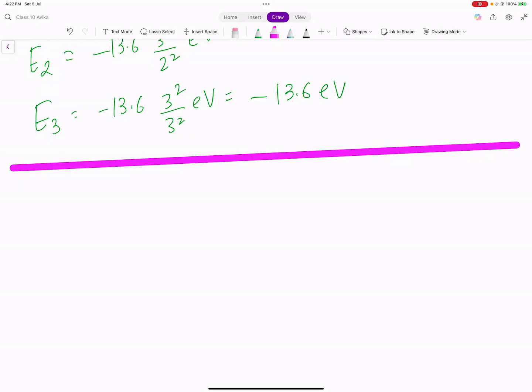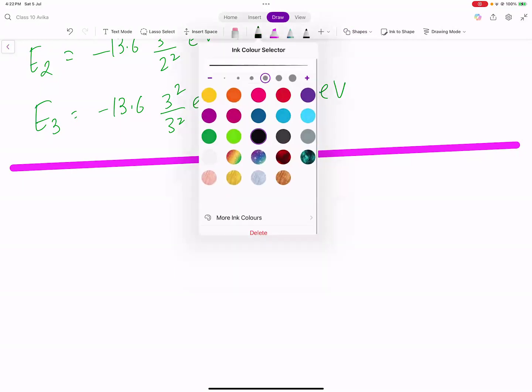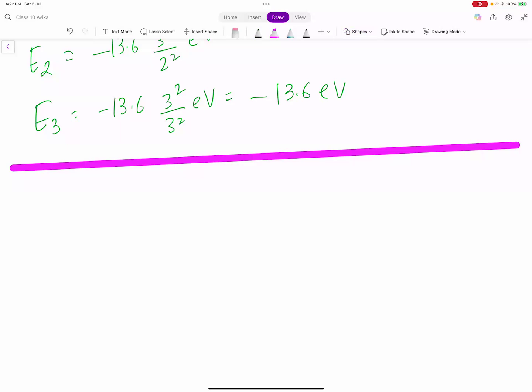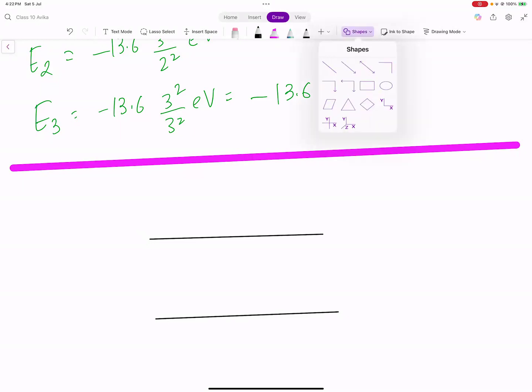So, okay, let's try to draw levels. So I have this level. I will draw another level, and then I'll draw the third level just to show that the decrease is very sharp.